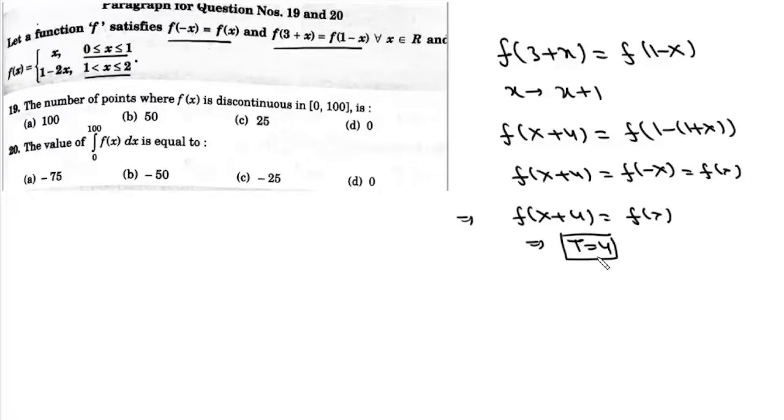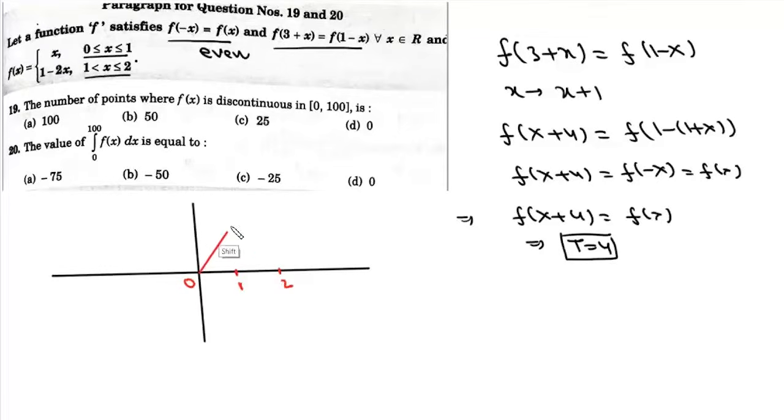So this function is periodic with period 4, and it is an even function because f(-x) is f(x). Now if we draw this graph from -2 to +2, this is 0, 1 and 2. Between 0 and 1, this is y = x, so this is 1.